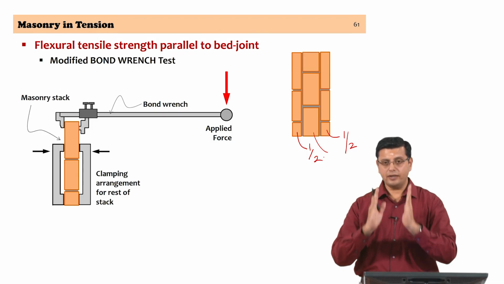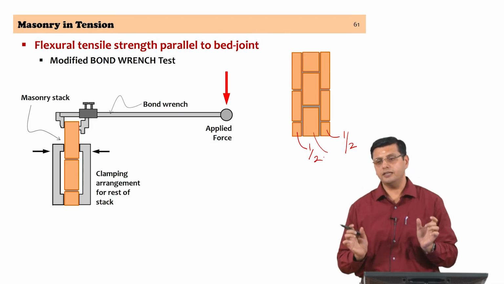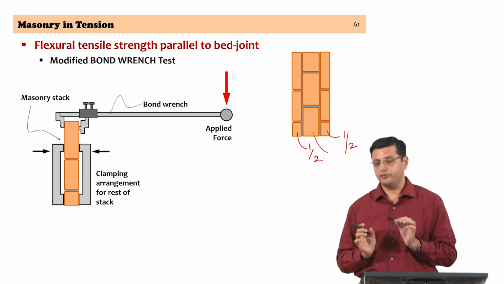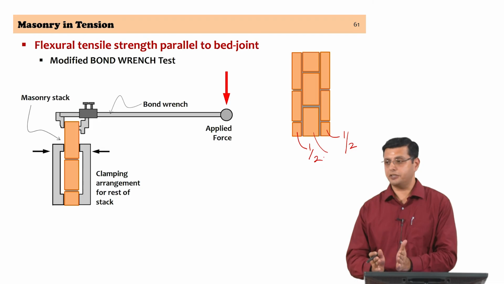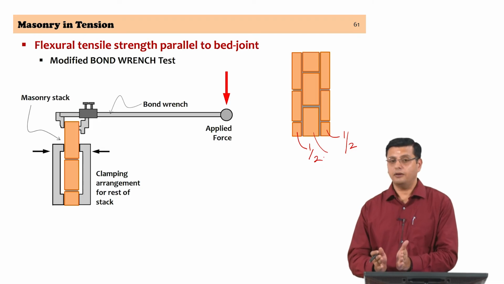So, you have one set of full units and on the two sides one set of half units, and then this is the front elevation of the setup of the wallet.